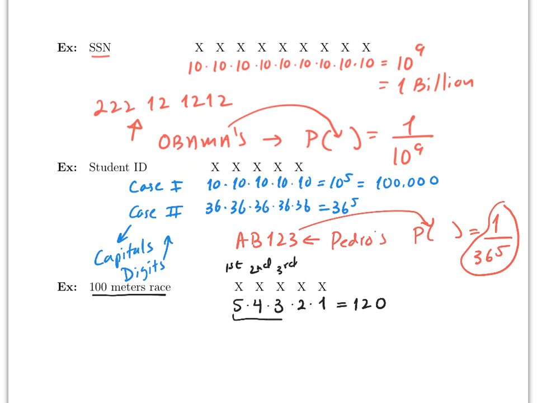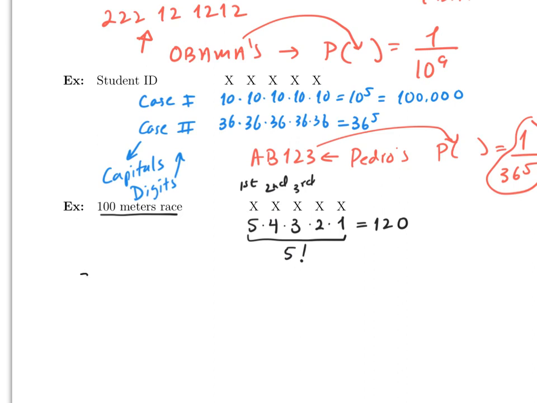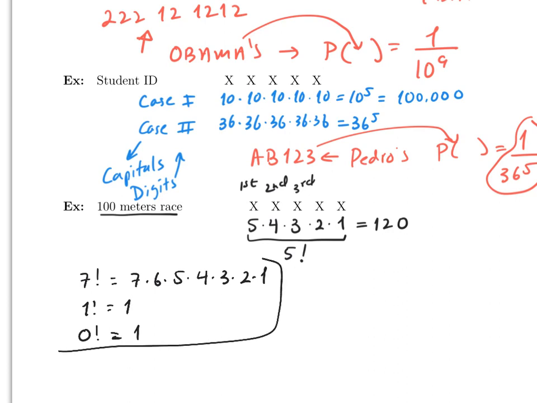There's a special notation for this, which you may have seen before. This is called 5 factorial. As you can see, if I write 7 factorial, that means 7 times 6 times 5 times 4 times 3 times 2 times 1. For all of this to make sense, 1 factorial has to be 1, and 0 factorial also has to be 1. And that's it.